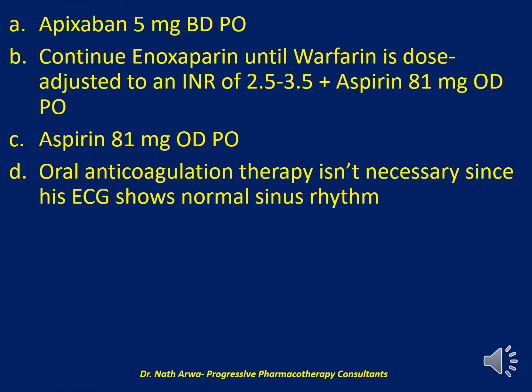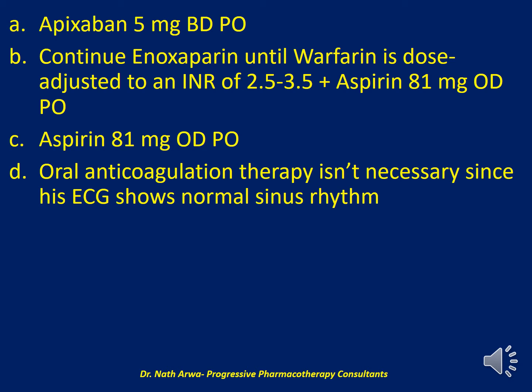Would you choose to treat him with apixaban at a dose of 5 milligrams orally twice a day? Or would you opt to continue enoxaparin until warfarin is dose adjusted to an INR of 2.5 to 3.5 and additionally administer aspirin at a dose of 81 milligrams orally once daily?